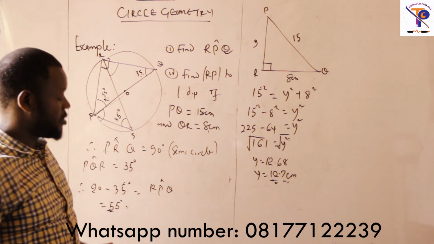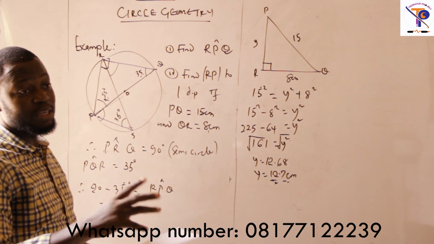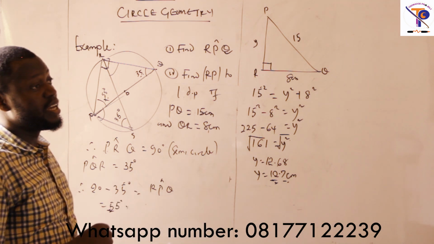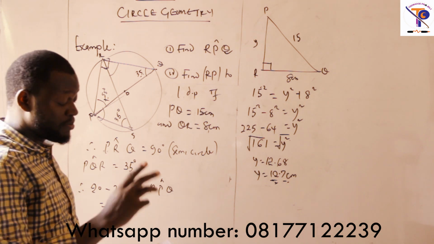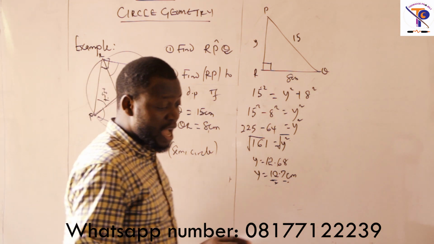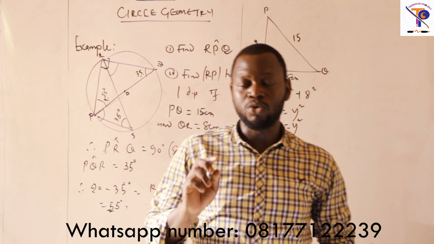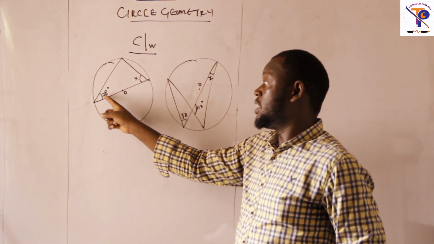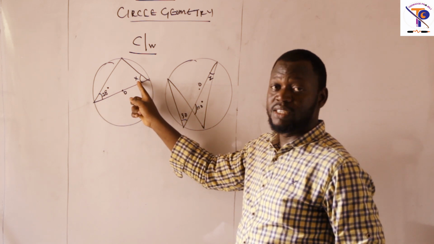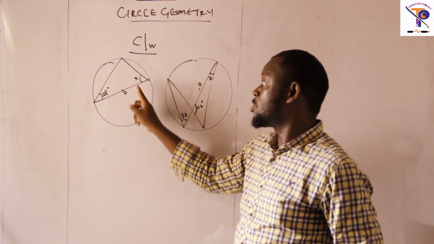That is the combination of the third theorem that says angle in the semicircle, and the fourth that talks about angle in the same segment. Angles in the same segment are equal, and angle in the semicircle is equal to 90 degrees. We have this shape. Here is 28 degrees, here is x degrees, and you are solving for x.